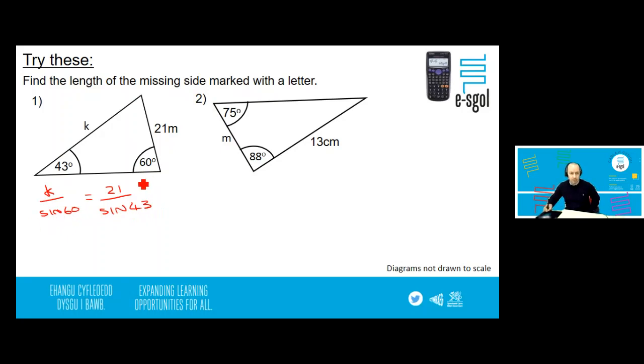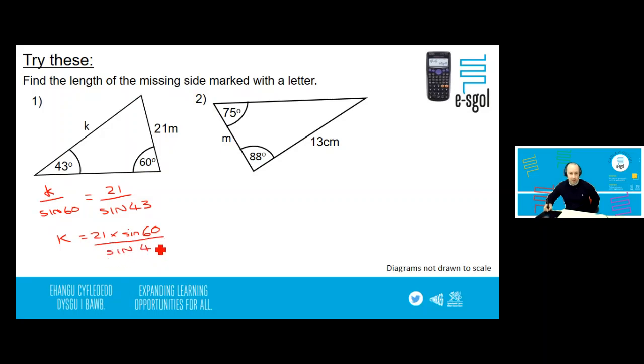So the sine of 60 comes up as a multiply. So if you like, I'm kind of multiplying both sides by the sine of 60, but as long as you understand it comes to the top of the fraction, if you like, and times by 21, we're gonna be on a winner. So that's going to be 21 times the sine of 60, all of that is divided by the sine of 43.